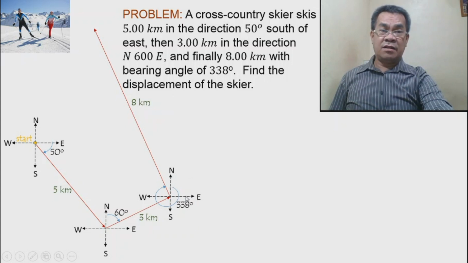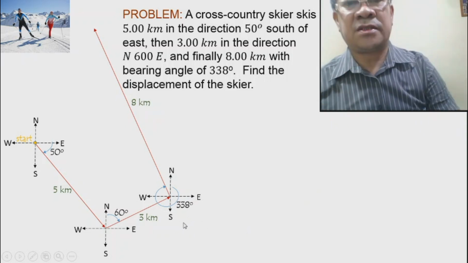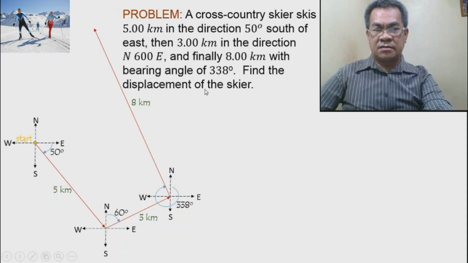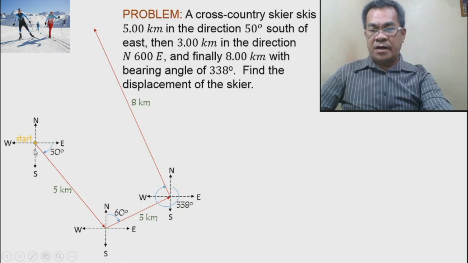A standard angle is measured from the x-axis in the counterclockwise direction, but a bearing is measured from north in the clockwise direction. The question is to find the displacement of the skiers. So from the starting point you connect a line to the final point. This is the displacement.